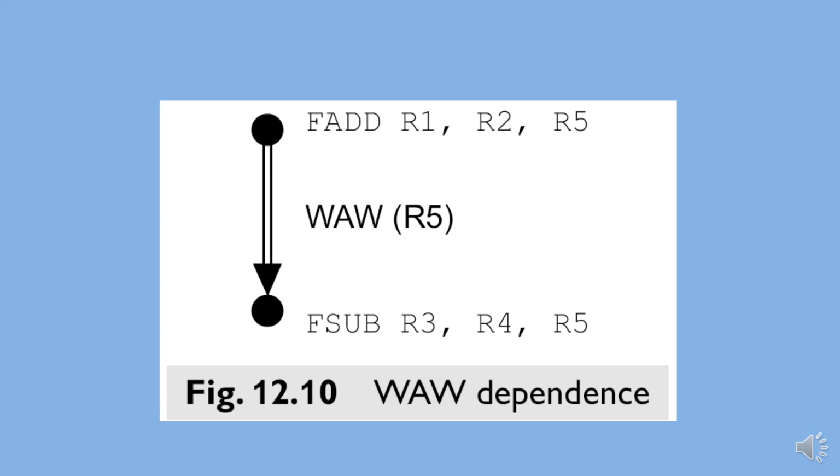This renaming resolves the WAW dependence between the two instructions involving rk. When instruction ij commits, the value in xm is copied back to rk, and the program invisible register xm is freed up for reuse by another instruction.